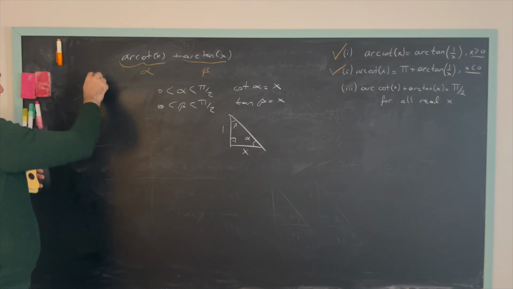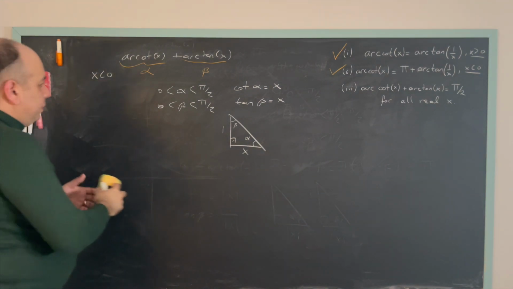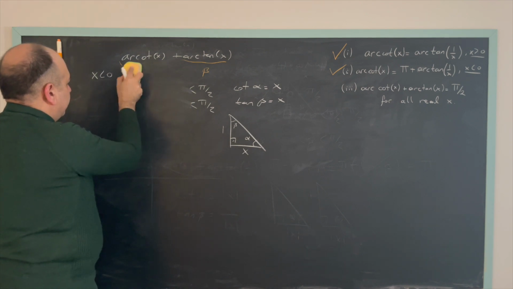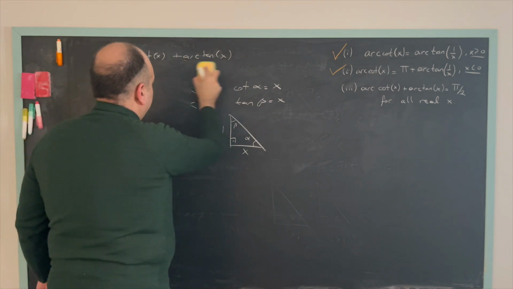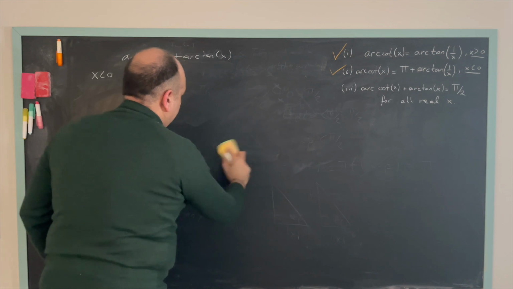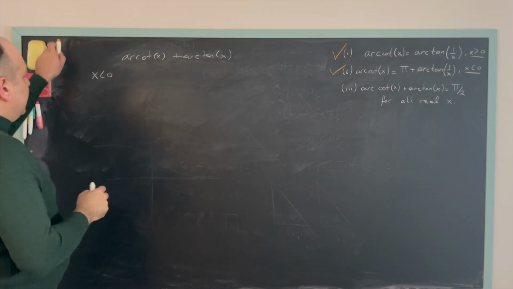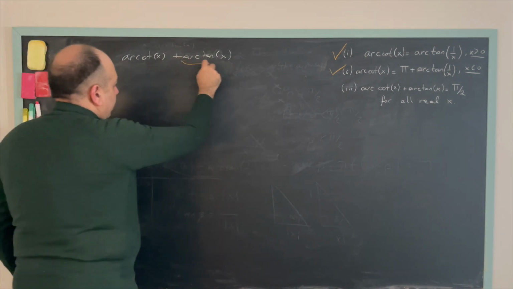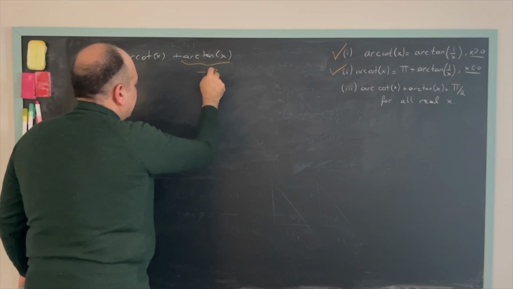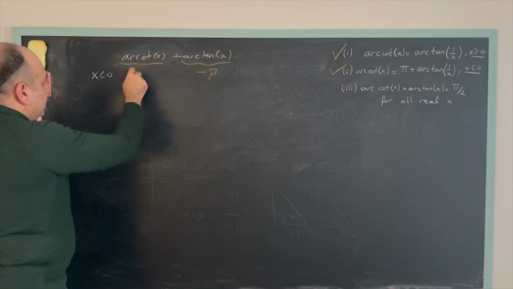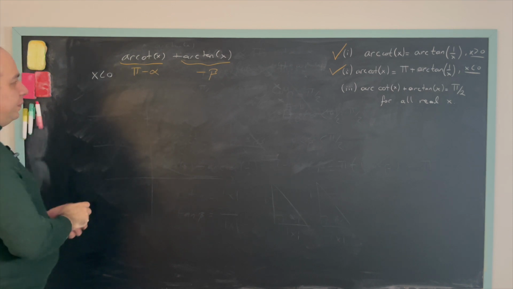When x is less than 0, what do we have? In this case, again we can call this, let's say, minus beta. We can call this pi minus alpha, right?